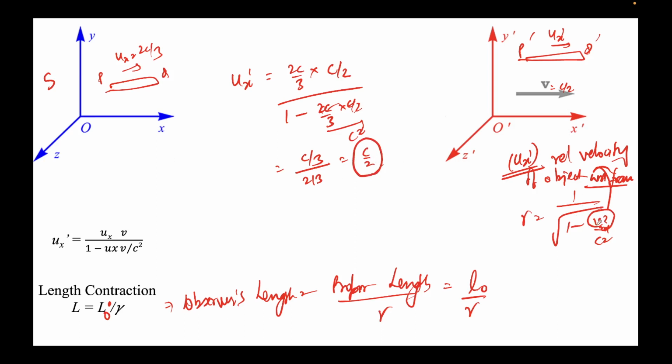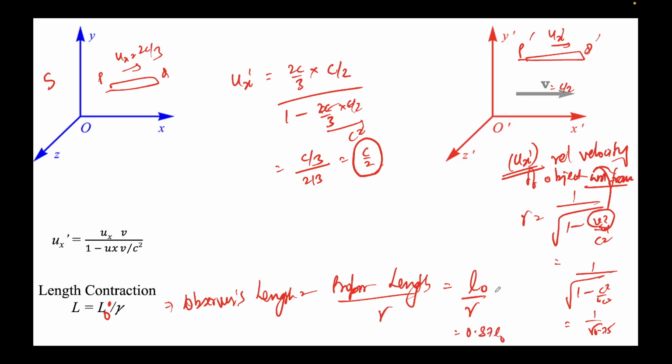Now I'll simply put this here. So 1 minus, c by 2 will be c square by 4 c square. This will be 1 minus 1 by 4, which is the square root of 0.75. So this comes out to be 0.87 L naught.